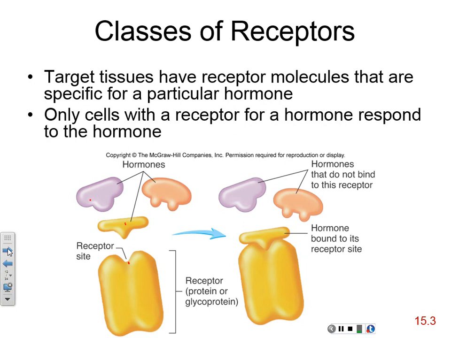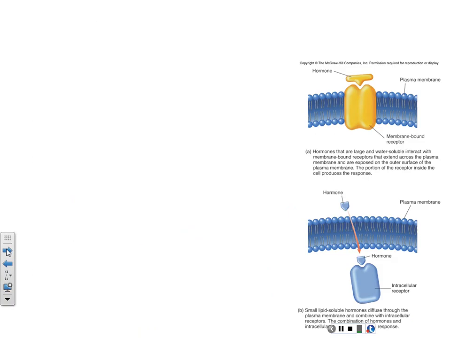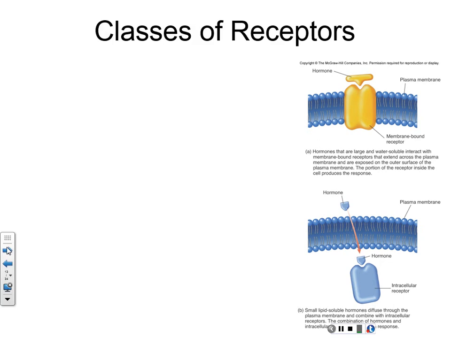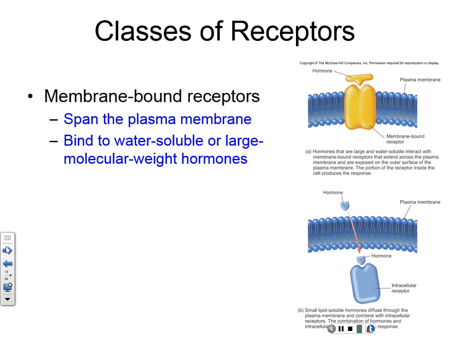So cells will respond to hormones for which they have a receptor. Here we're going to talk about the classes of receptors. We have membrane-bound receptors, like I said.